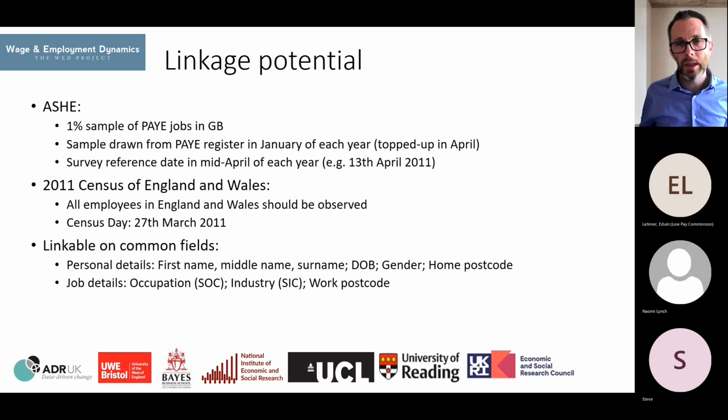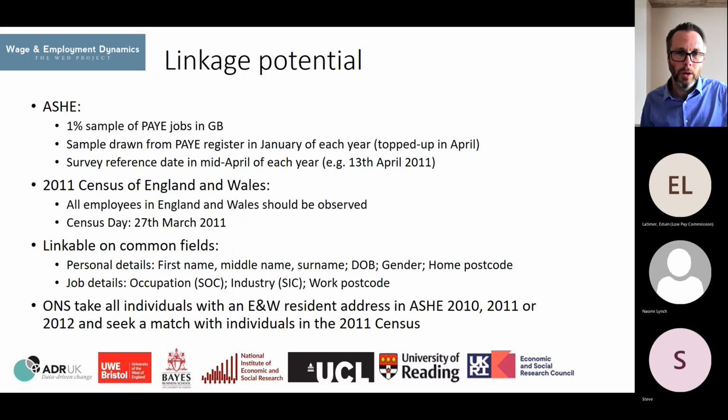So these personal details, and the job details, occupation, industry, and work postcode, are present on both data sets. They enable us to try and create a link between the two data sets by virtue of matches on these common fields. Okay, so the linkage potential on the face of it looks good.